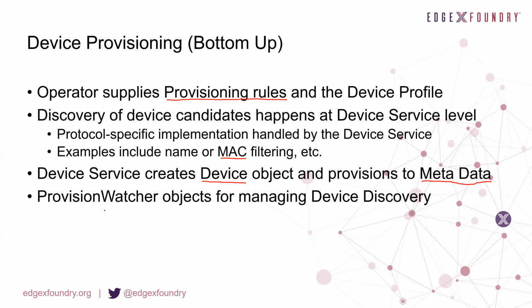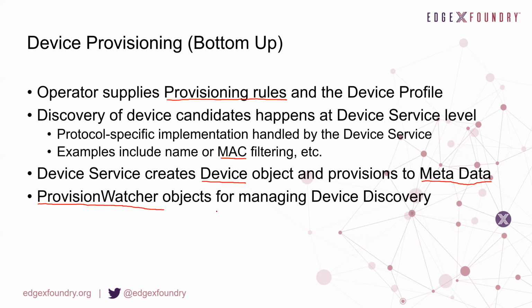And then these provisioning rules that I had talked about are specified in our provision watcher object, which essentially is just a wrapper for the provisioning rules and the device profile, and then the device service that's supposed to be looking for these types of devices.